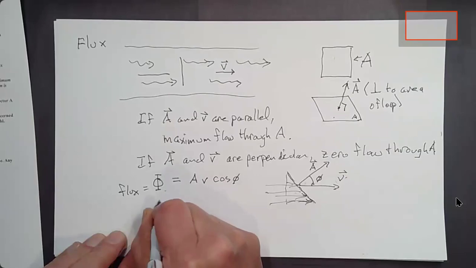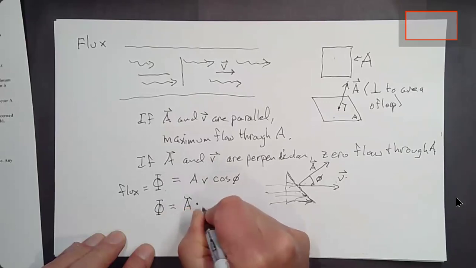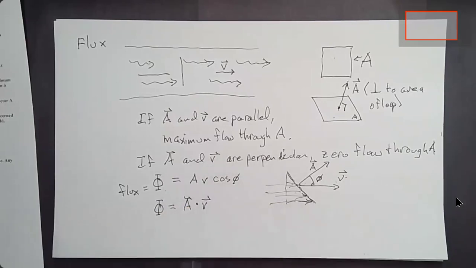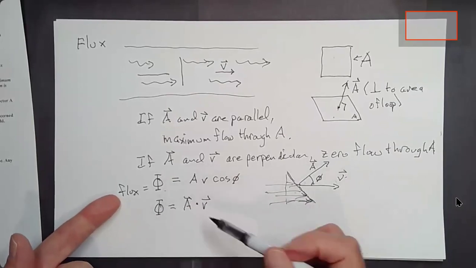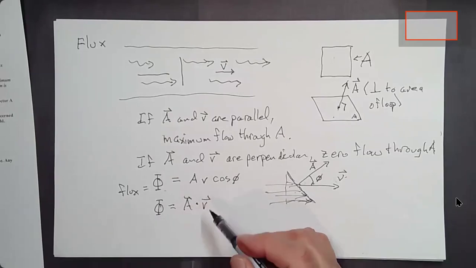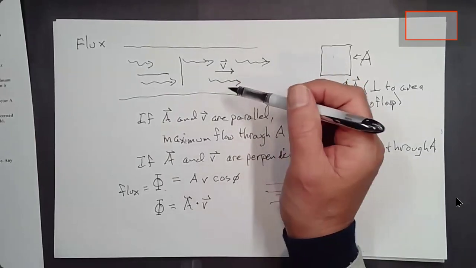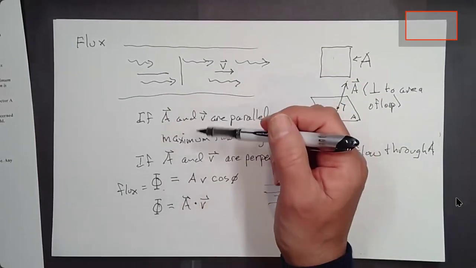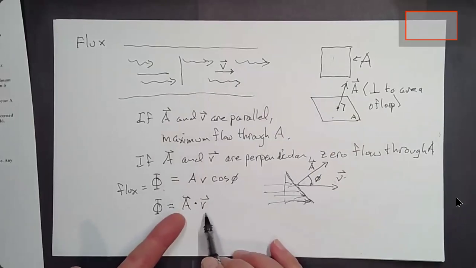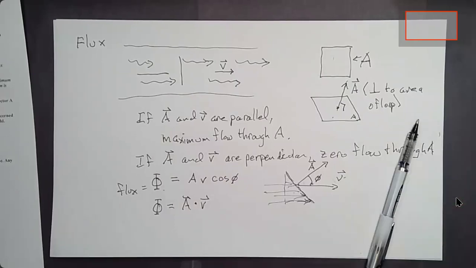So the flux of the stream through there is going to equal A dot V. And so if I multiply the area A times V, if the stream is measured in meters per second and the area is measured in square meters, what A dot V actually gives you in that case is the volume of water per second that's flowing through that area. And that's the way that you might measure a stream flow.